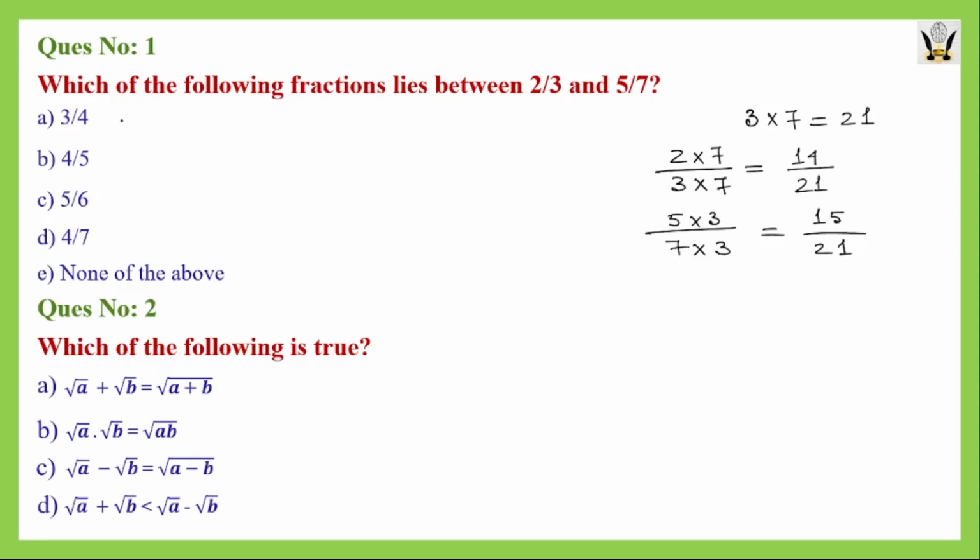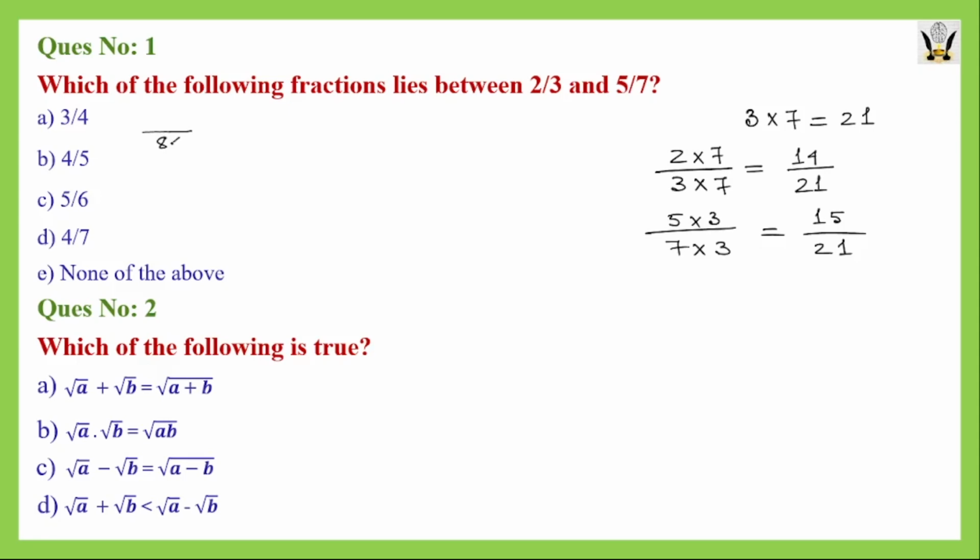which is 21. Now the first number, 3/4. When we work on that, we can see the denominator is 4 and the new denominator is 21. Again the denominators are not the same, so we have to make both the denominators the same. Again the same concept, LCM. Between 4 and 21, the new value of the denominator will be 84.